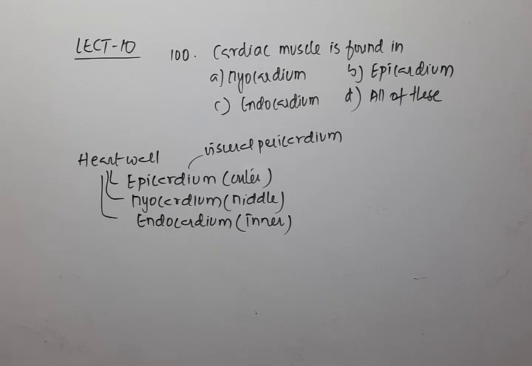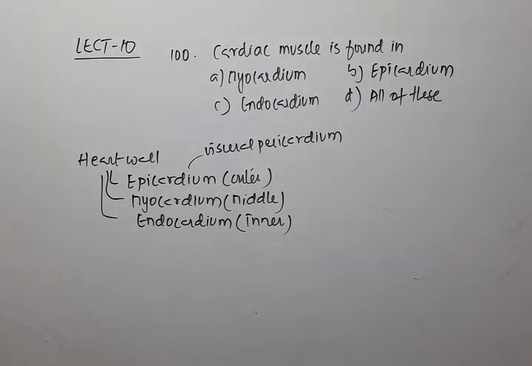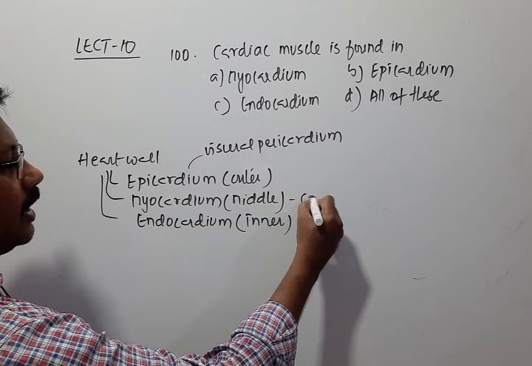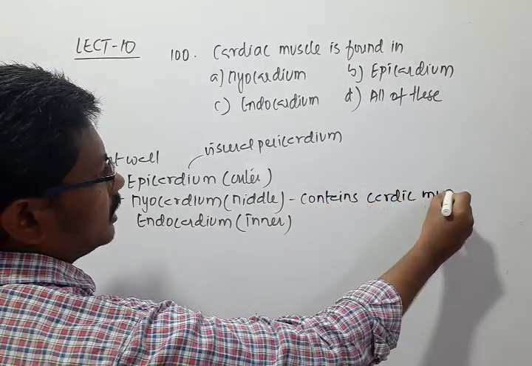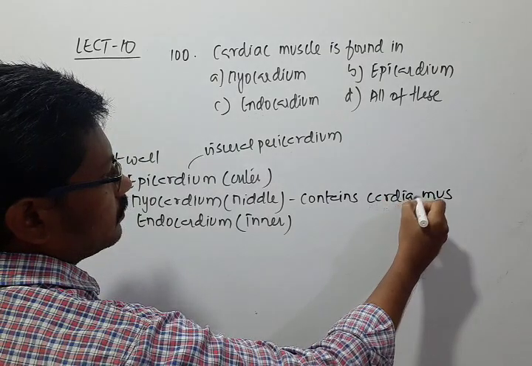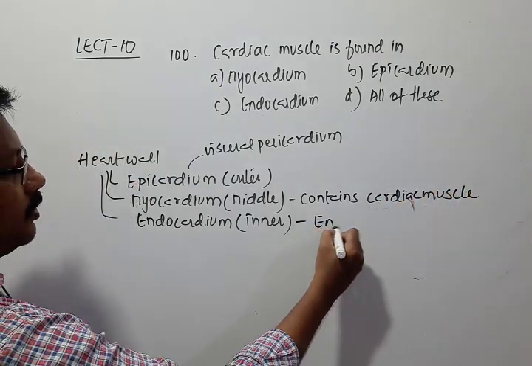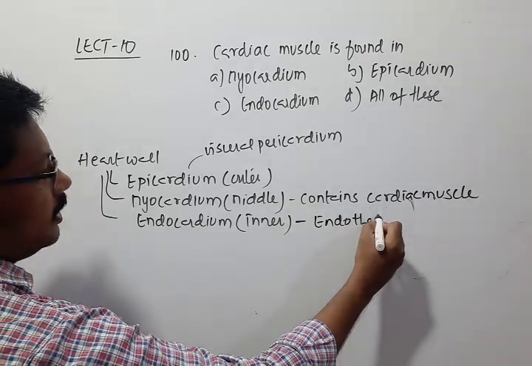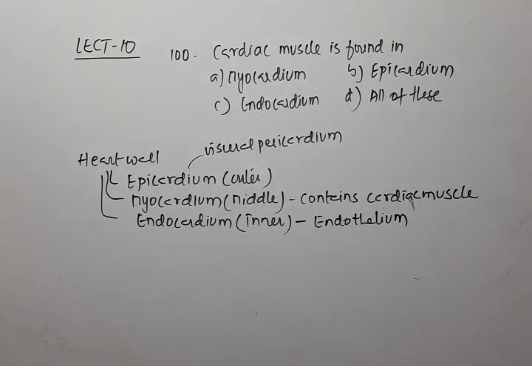and it is made up of epithelial tissues. The next one, the myocardium. This is the one that actually contains cardiac muscle, whereas the endocardium is composed of endothelium. So it's an endothelial layer.